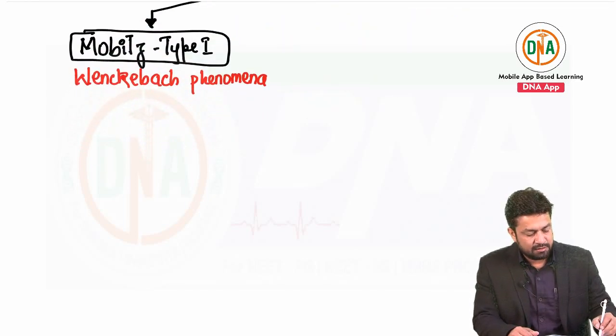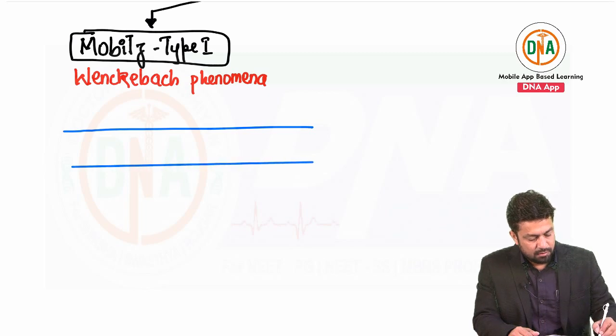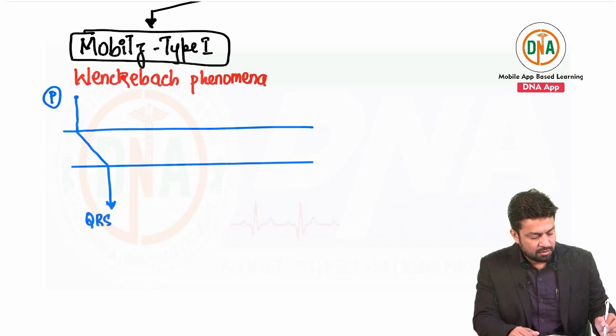You have a P wave that is originating, it comes into the AV node, and it gets out as the QRS complex. So you have a P wave and a QRS complex.